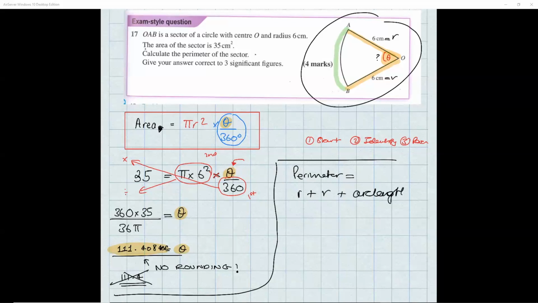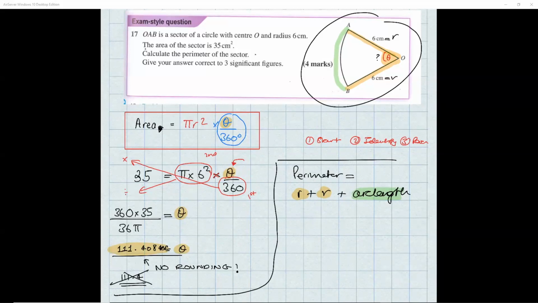That partial circumference, the green bit. So I'm now going to color code it for you. My perimeter is going to be the green bit plus the 2 orange bits. Is that okay?